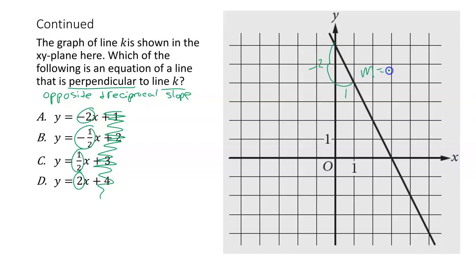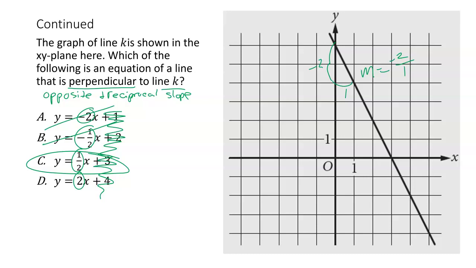So my slope is -2, or -2 over 1. Since my slope is negative, the opposite is going to be a positive 1/2. I know the perpendicular line has to have a positive slope, so I can knock out those two. The slope is -2, so the reciprocal is going to be a positive 1/2.